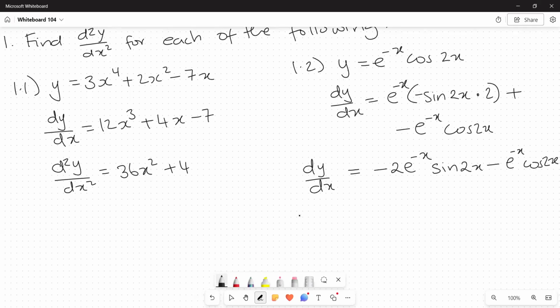Okay, then we find the second derivative, d2y dx2. Product rule again. The derivative of sine is cos, and multiply by 2. And here this will be minus again.